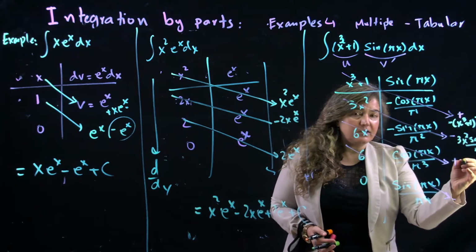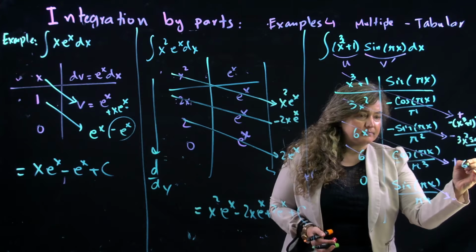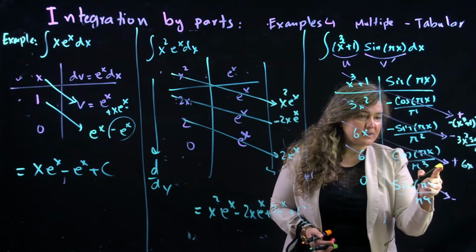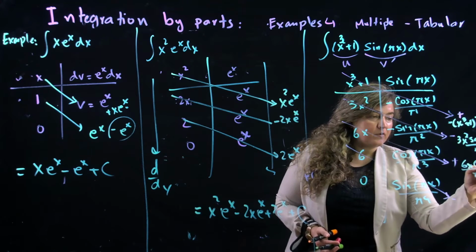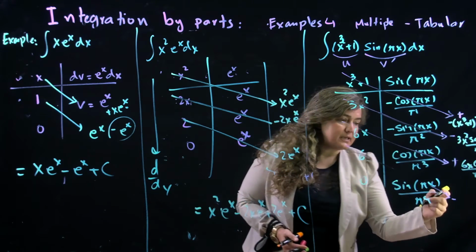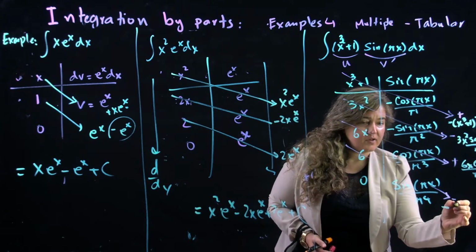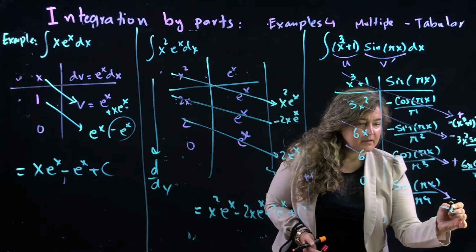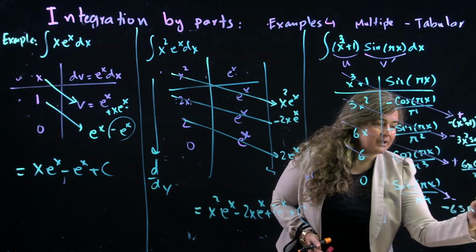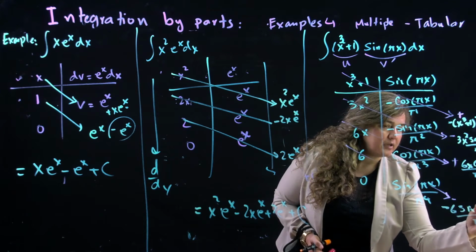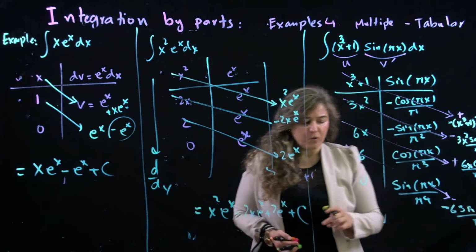And then here, 6x times positive cosine of pi x over pi to the third. Here is a negative sign: negative 6 sine of pi x divided by pi to the fourth.